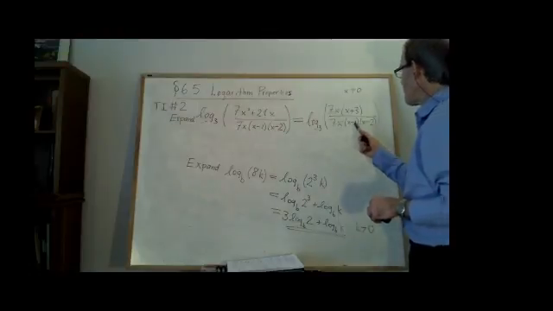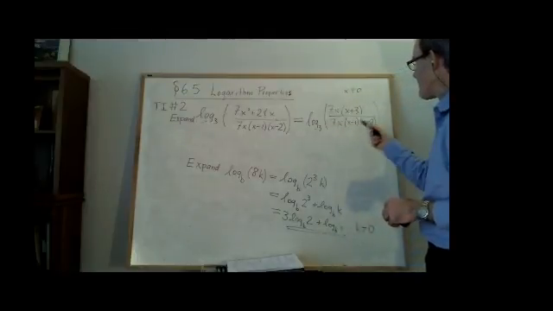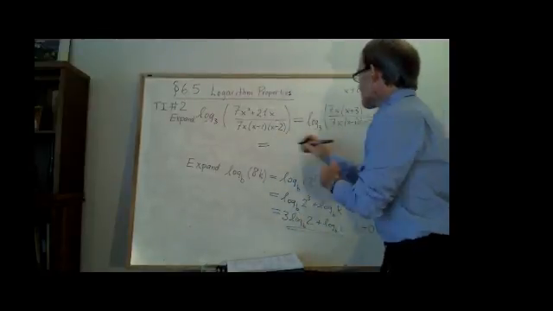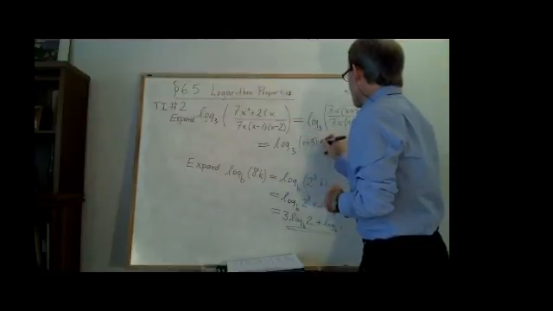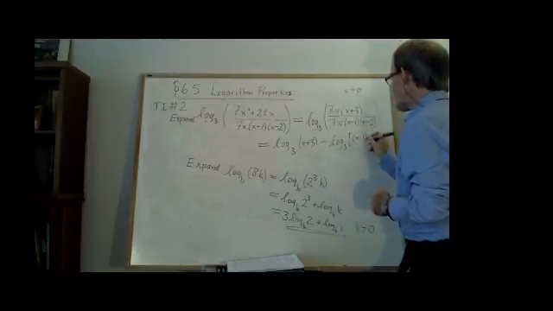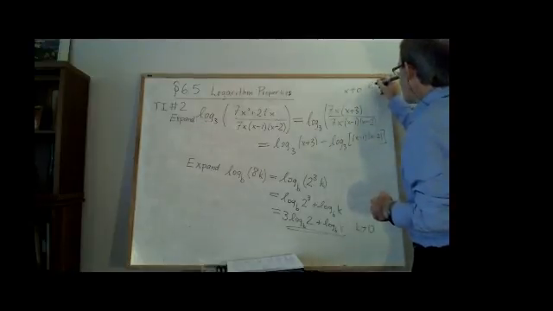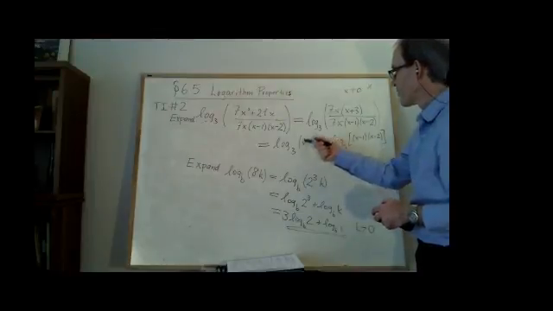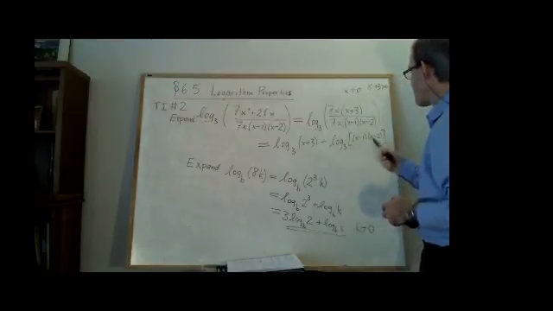And so we can write the quotient of the remaining factors as a difference of logarithms. Using the quotient rule, it's log base 3 of x plus 3 minus the log base 3 of this product, (x minus 1)(x minus 2). Great, and I should note that these expressions depend on x plus 3 being positive, and this has to be positive as well.